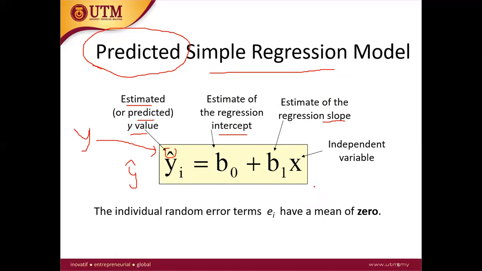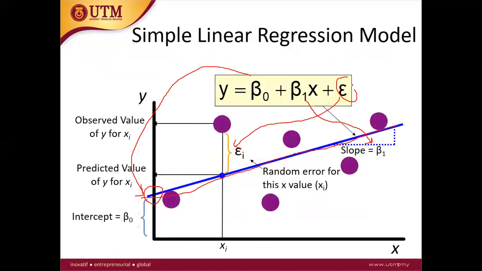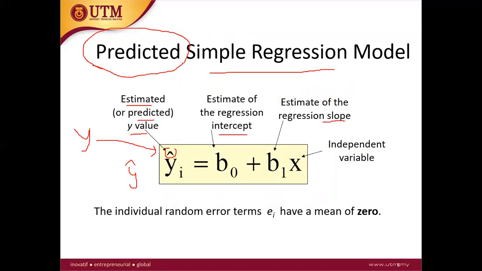But here we remove the error for the predicted model, since we assume the error has a mean of 0. Okay.